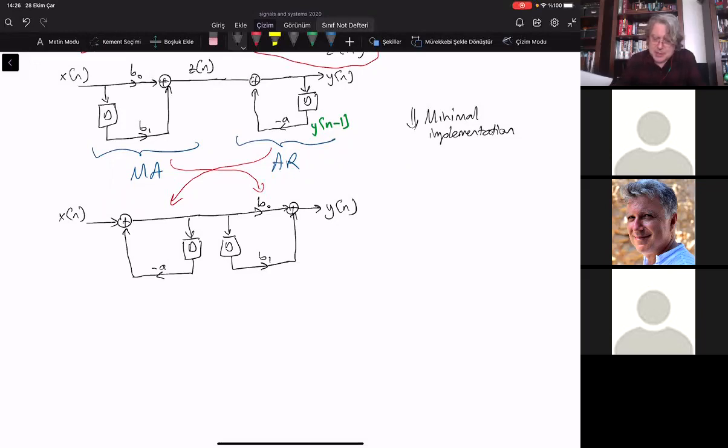The minimal implementation tells me that this point, which is a delayed version of this point, I will draw the top with green. So these two green points are the same points, like trying to give you a circuit in PSpice, right?